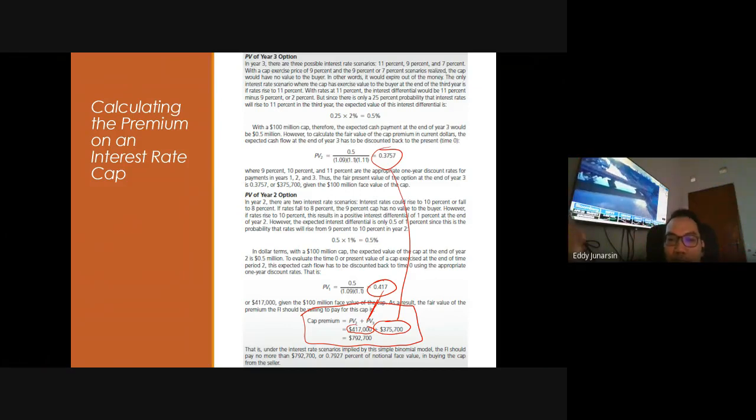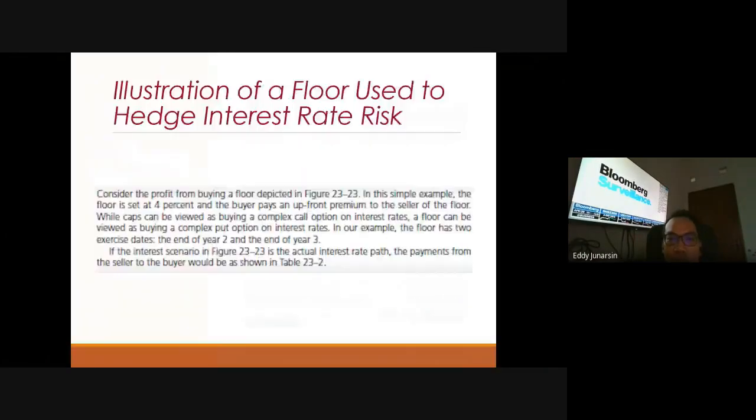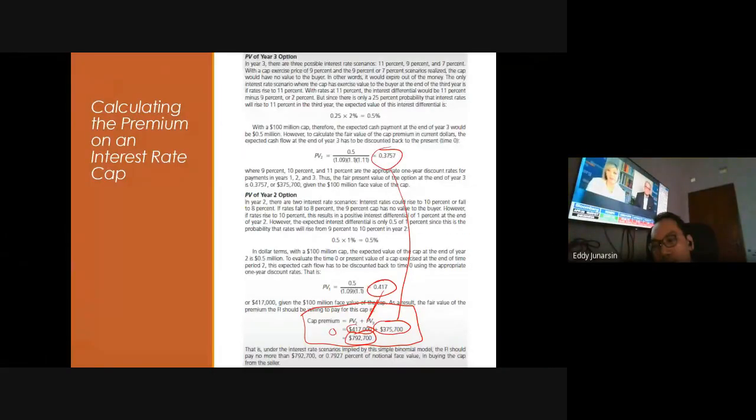The present value from the first year is zero. So if we add together, we find that the cap premium or the cap price should be $792,700. This technique is called the binomial model. We also saw it in the third part of our video series on derivatives.